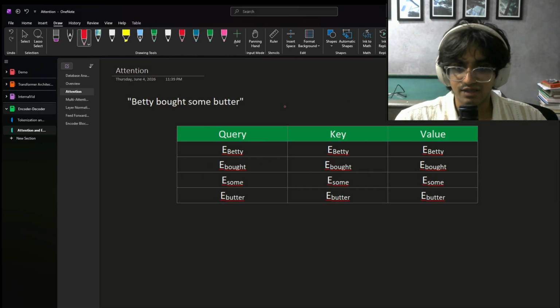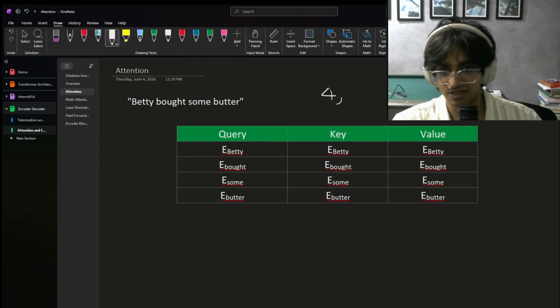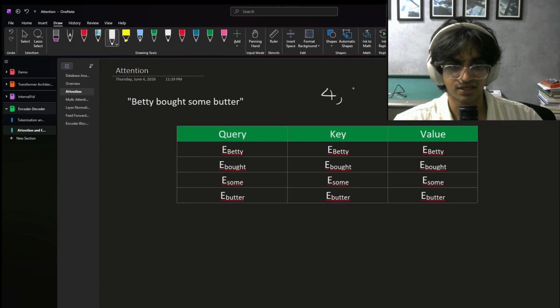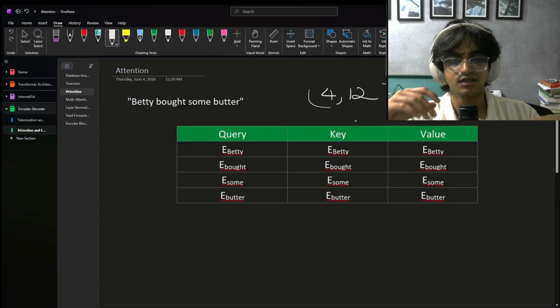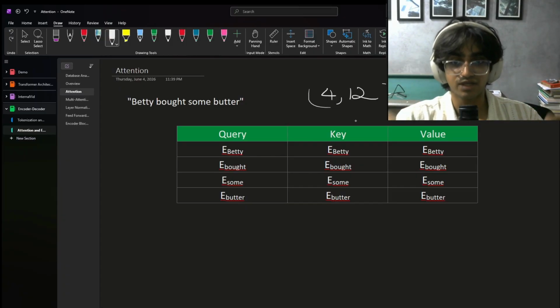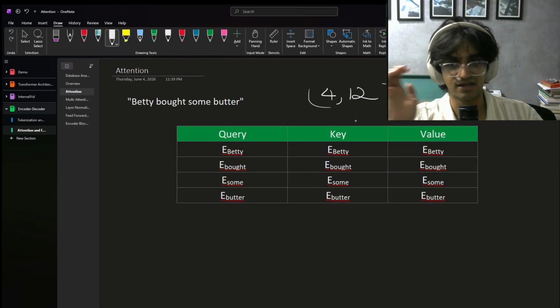So we've got our context length of 4 and an embedding shape of whatever. Let's just take 12. Why not? That means E of Betty is a vector of length 12. Here it's called self attention because each query is compared to itself.